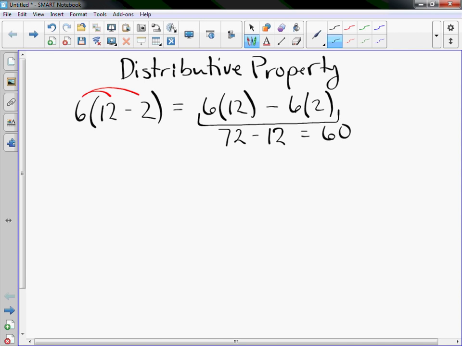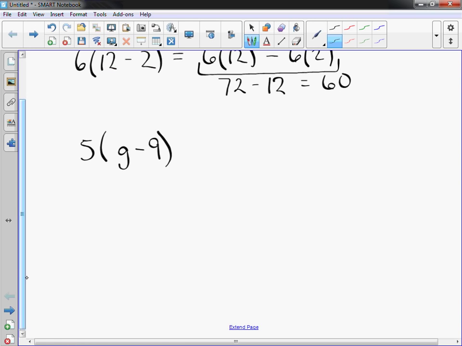Okay, so if we have a situation like this, 5 parentheses g minus 9. Now it's a little more unclear what g minus 9 is, so we're going to distribute. And this could help us solve this problem, or at least give us a better idea of what to do with our g.